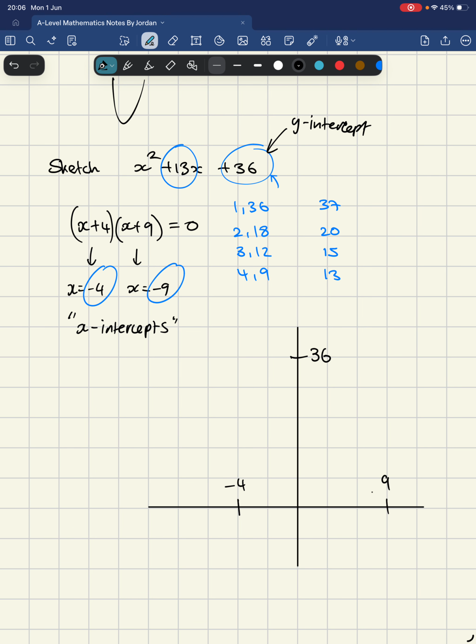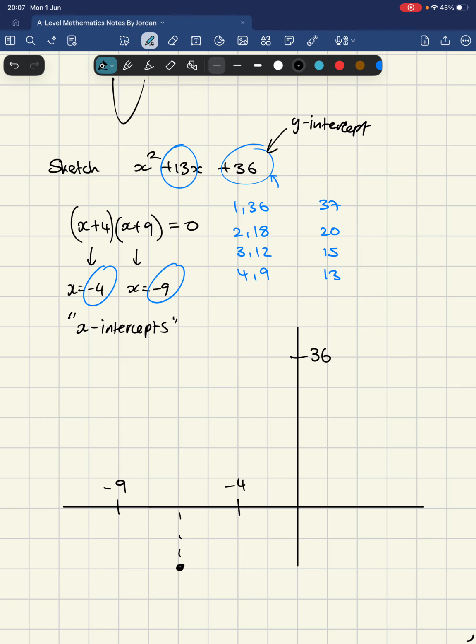Oh, sorry, that's completely wrong, I've just realised. I thought something was wrong there. So my negative 9, let's move these around a little bit. Put my negative 9 here. Basically, your graph should be smack bang in the middle of these two.